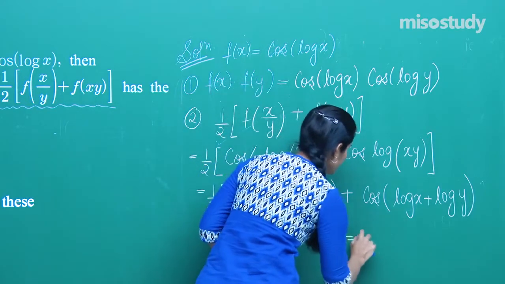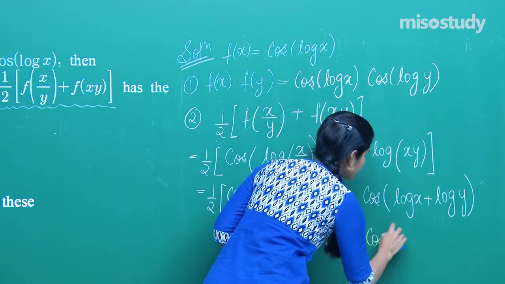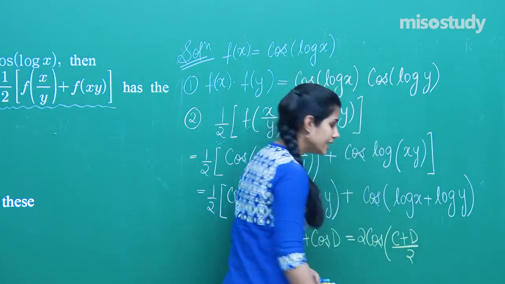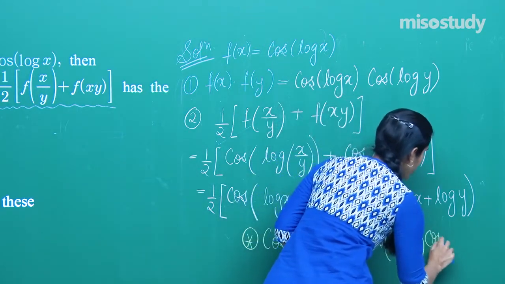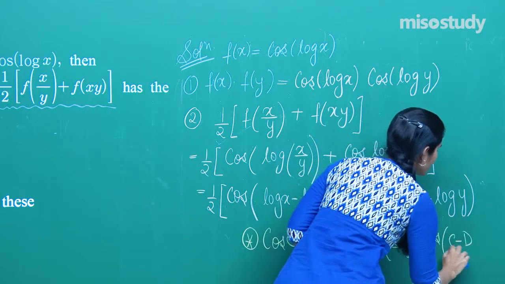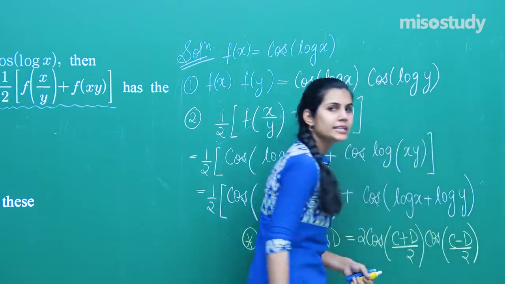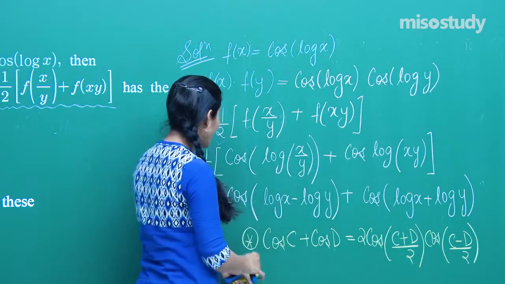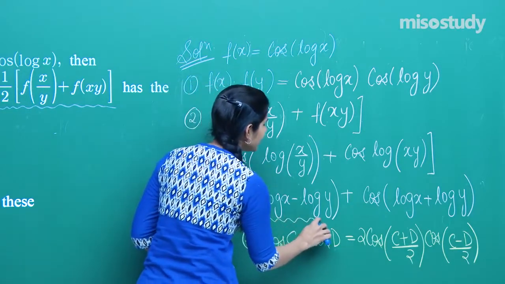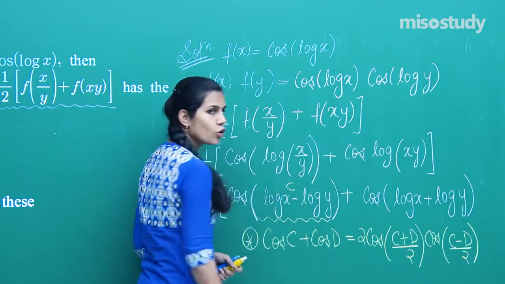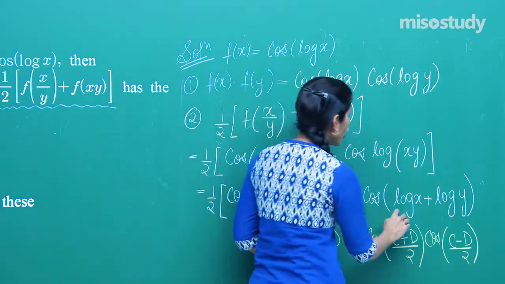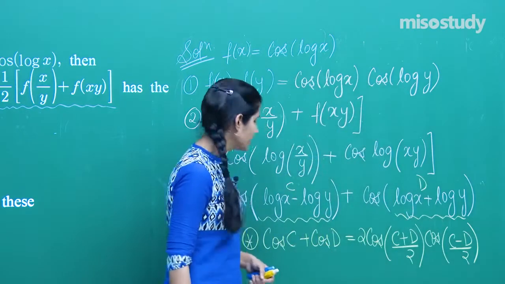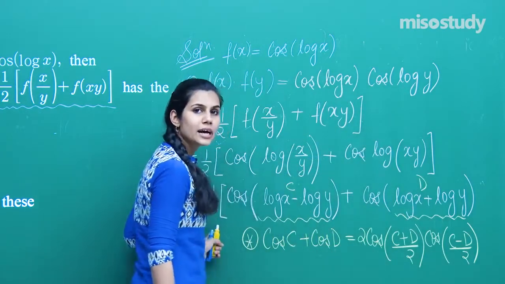Well, this happens to be 2 cos of c plus d by 2 multiplied by cos of c minus d by 2. Just using this identity, because I have with me cos c, here this is playing the role of c, plus cos d, with a 1 by 2 standing outside.